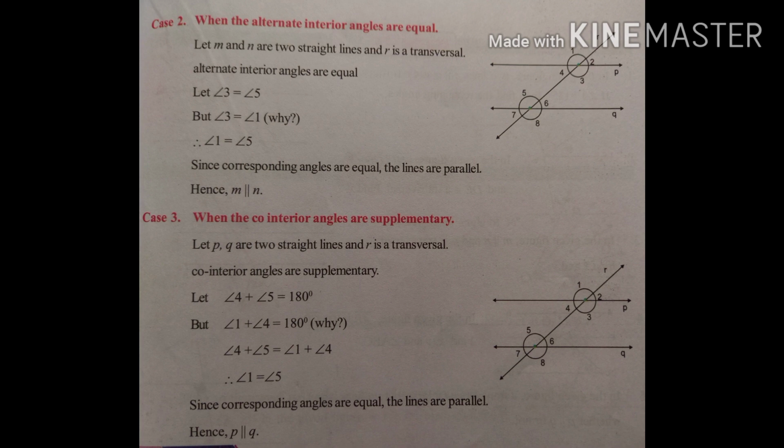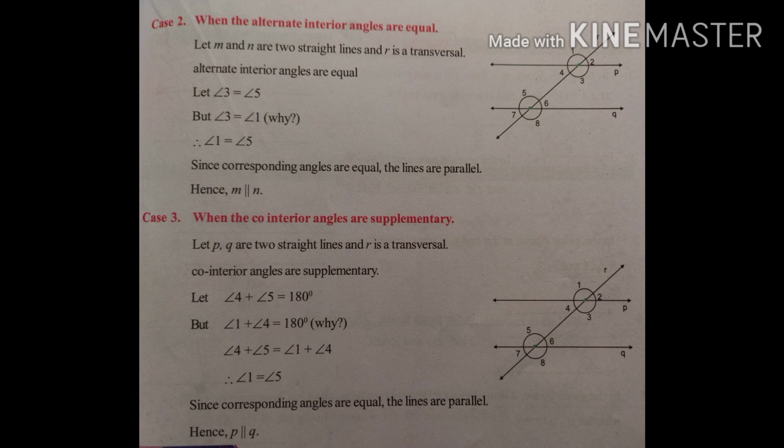When the alternate interior angles are equal. Let M and N be two straight lines and R a transversal. Alternate interior angles are equal. Let angle 3 be equal to angle 5. But angle 3 is equal to angle 1. Why? Because these two are vertically opposite angles.